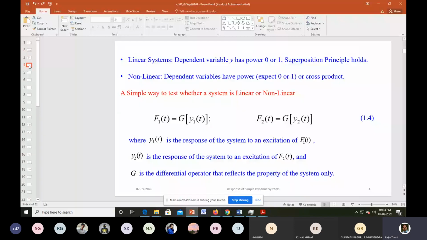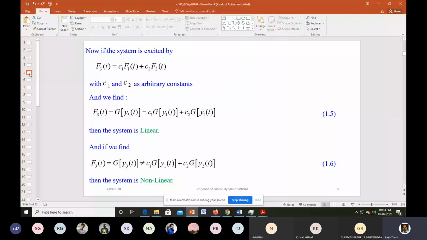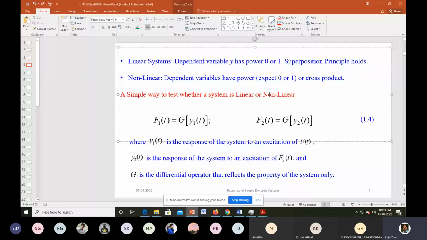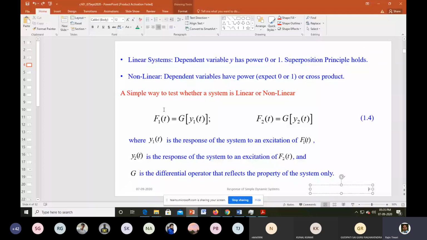Okay. So how are we able to define a linear system or linear equation, linear function or nonlinear function? Let us say we have one force applied to the system, and because of that we get the y1 displacement from that system.